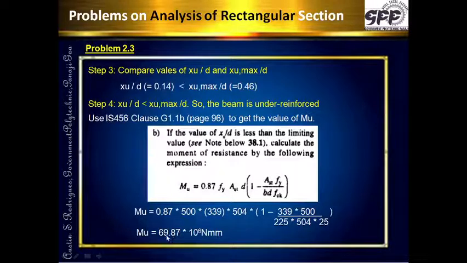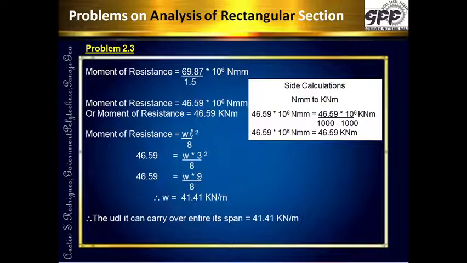So this is the ultimate moment of resistance. Ultimate moment it can resist is 69.87 into 10 raised to 6 Newton mm. Now moment of resistance we get by dividing the ultimate moment of resistance by 1.5. So moment of resistance is 69.87 into 10 raised to 6 divided by 1.5. Please note it is in Newton mm because all the units are in Newton and mm.